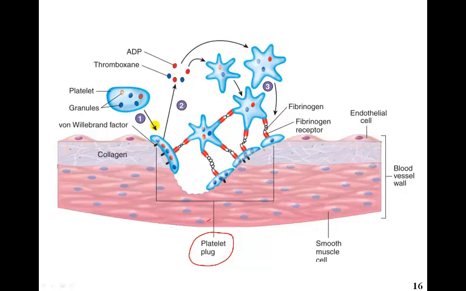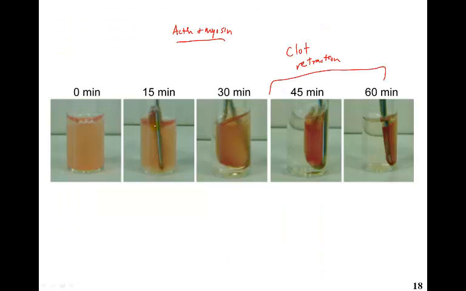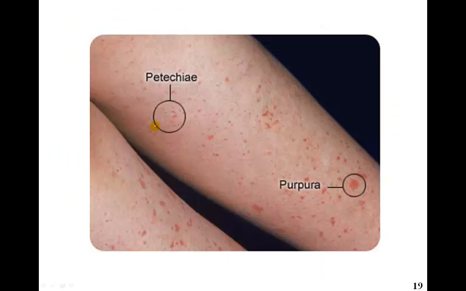Remember how I mentioned we get little small breaks all over our skin and internal passages all the time. People who have low platelets are obviously deficient in making platelet plugs, and one thing you can look for is little tiny bleeds all over their body.